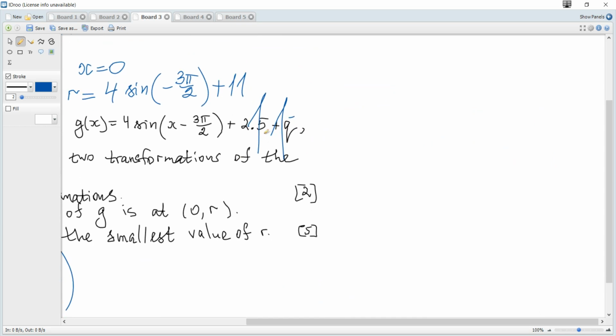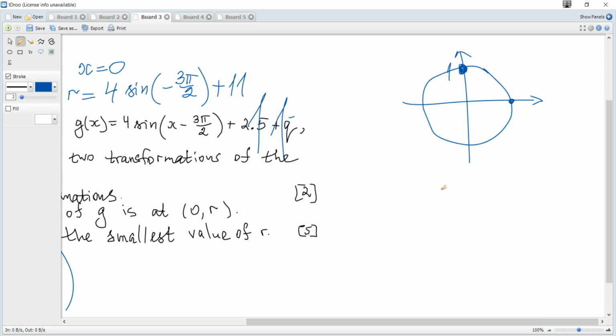What is sine of negative 3 pi over 2? You can use a unit circle. Negative angles are in the clockwise direction, so it's 3 times pi over 2: 1, 2, 3. It's here. And sine is the y coordinate, and we can see that the y coordinate is 1. So sine of negative 3 pi over 2 is plus 1.